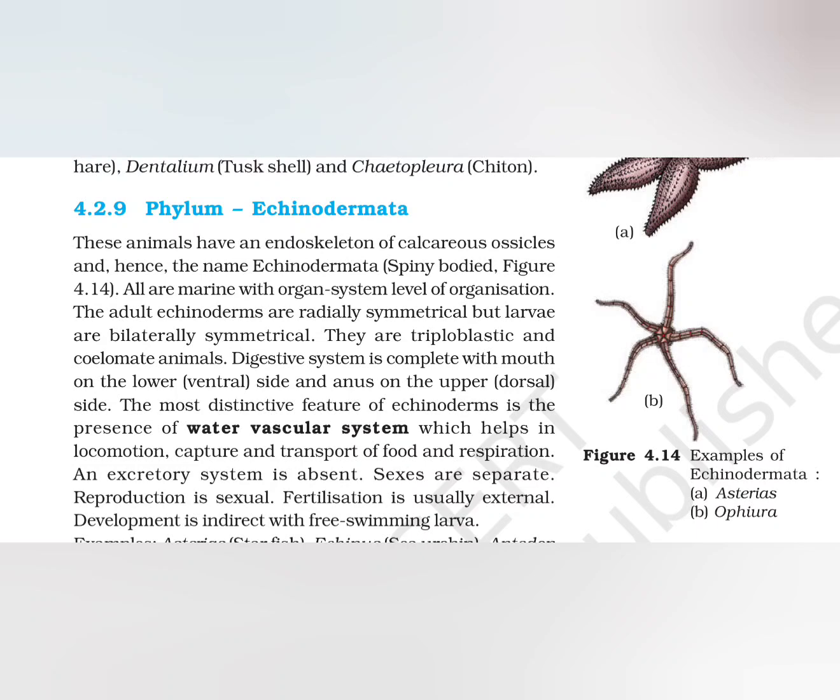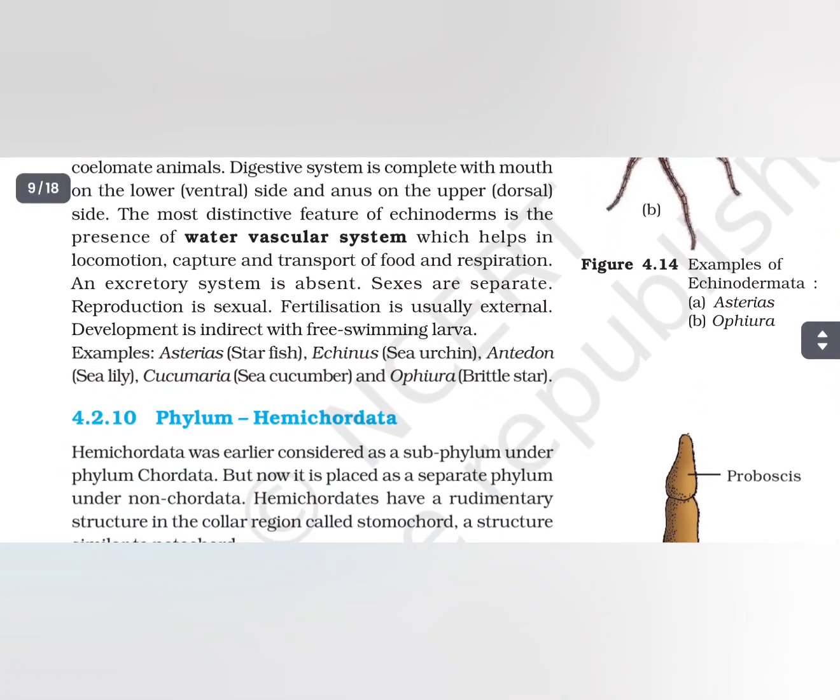Digestive system is complete with mouth on the lower ventral side and anus on the upper dorsal side. The most distinctive feature of echinoderms is the presence of water vascular system, which helps in locomotion, capture and transport of food and respiration. An excretory system is absent. Sexes are separate.